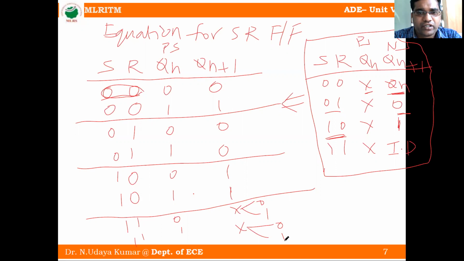That's why there are three inputs and one output. With three inputs, we use a three variable K-map. So I will draw the three variable K-map.